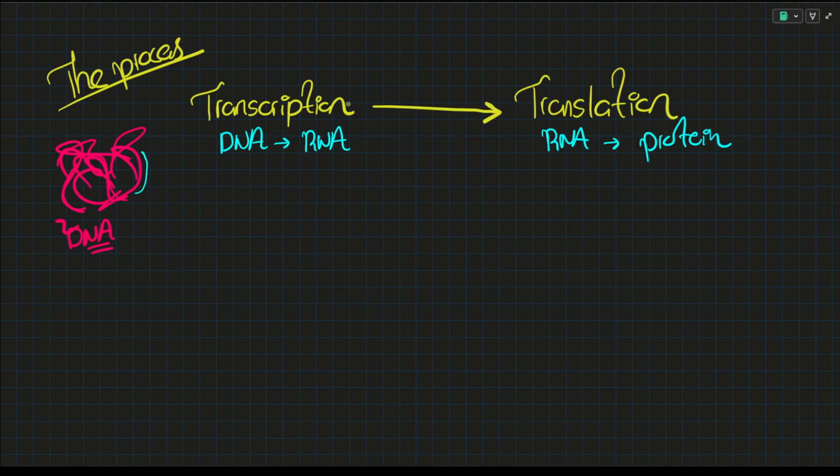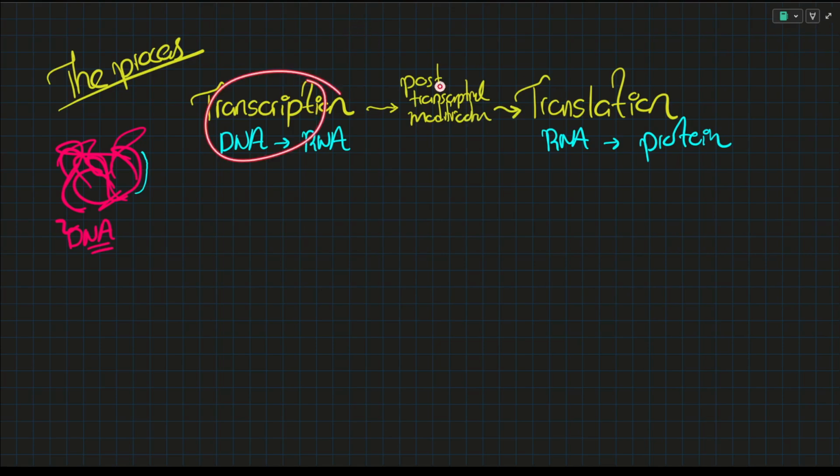Now, why do I have a small space in the middle, and in the beginning, what did I say? 2/3 step process. That's because at AS levels, you should know that there's something known as post-transcriptional modifications, and then only translation takes place.